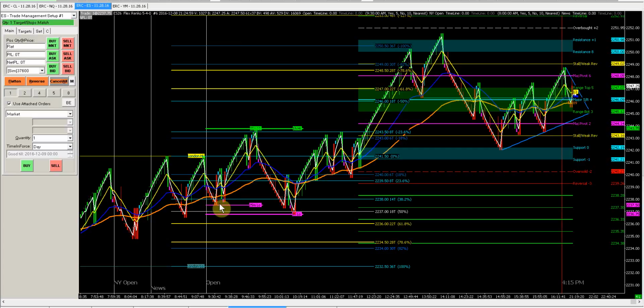I mean, just taking a few ticks off, or you could have waited for the Clear Method candle, the cyan candle, to go long right there. The pullback was like 2 or 3 ticks right there, and then gone. So there's multiple ways to trade this.